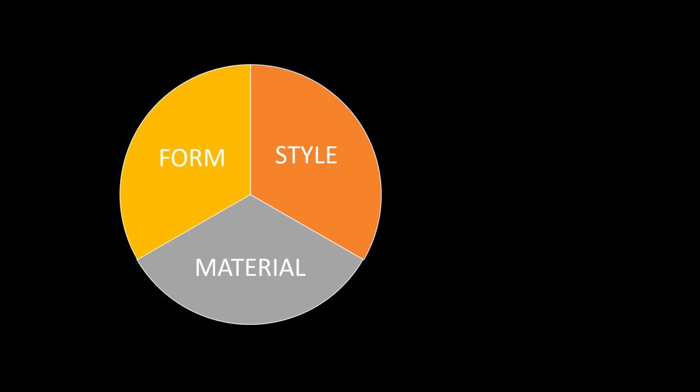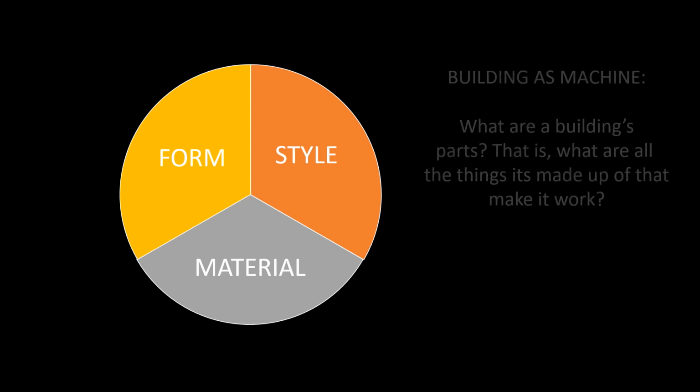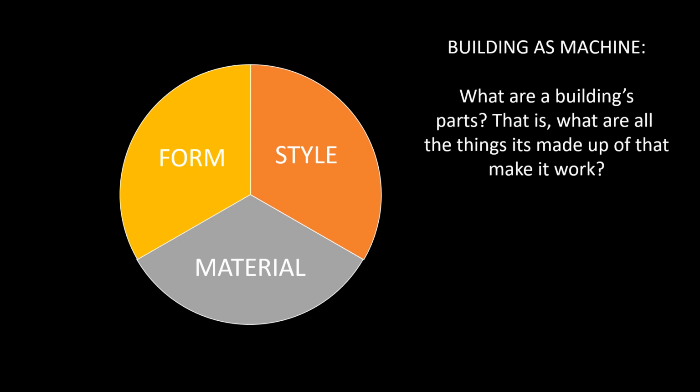One of the ways you can analyze architecture is by just thinking about the basic elements that you have to deal with. Sometimes I like to think of a work of architecture as a kind of machine. And for a machine to work, all of its parts need to be there, and all of its parts need to function properly.